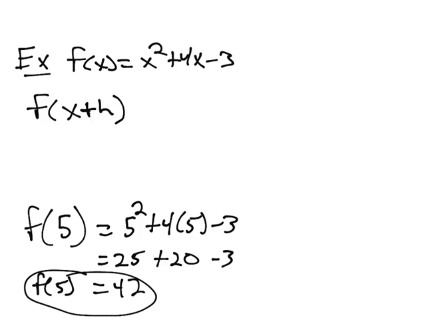Okay? The exact same thing is going to take place here, but instead of having a single number, we have this lovely expression x plus h. So all we're going to do is, up here in the original function's definition, the two places where we have x, we're simply going to replace it with our input value, x plus h.